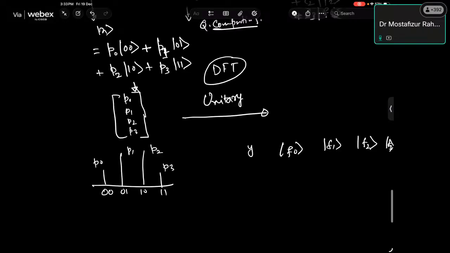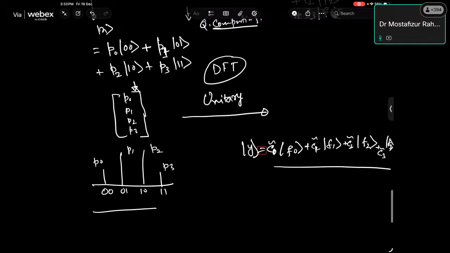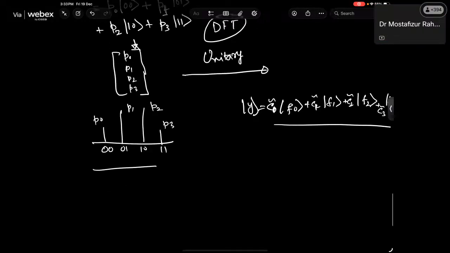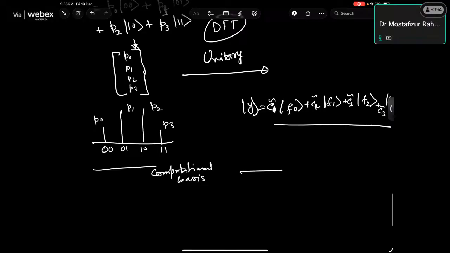And my final vector ket Y will be equal to C0 tilde times ket F0 plus C1 tilde times ket F1 plus C2 tilde times ket F2 plus C3 tilde times ket F3. Just what has changed here? The thing that changed is your original computational basis changed to Fourier basis, right?